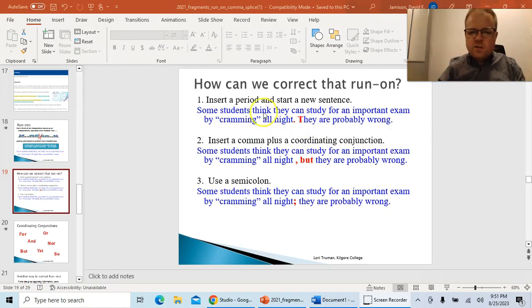The way they've fixed this first one is they've added a period and capitalized the next word, making this into two independent sentences. The next one here, they've added a comma and a coordinating conjunction, but. And the last one here, they've added a semicolon. So, some students think they can study for an important exam by cramming all night, comma, but they are probably wrong.